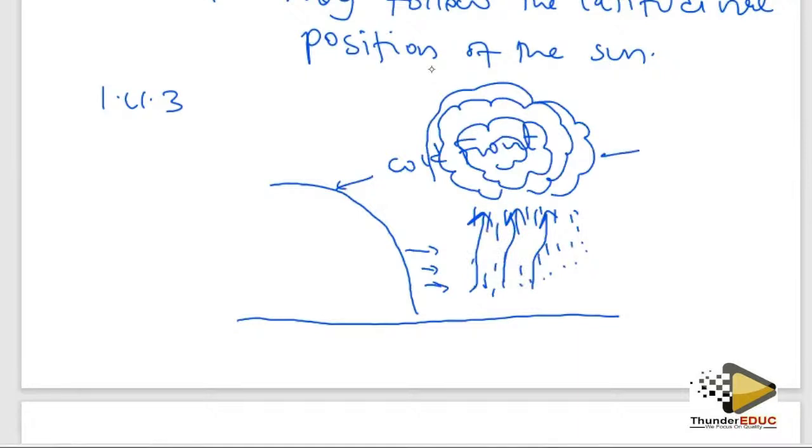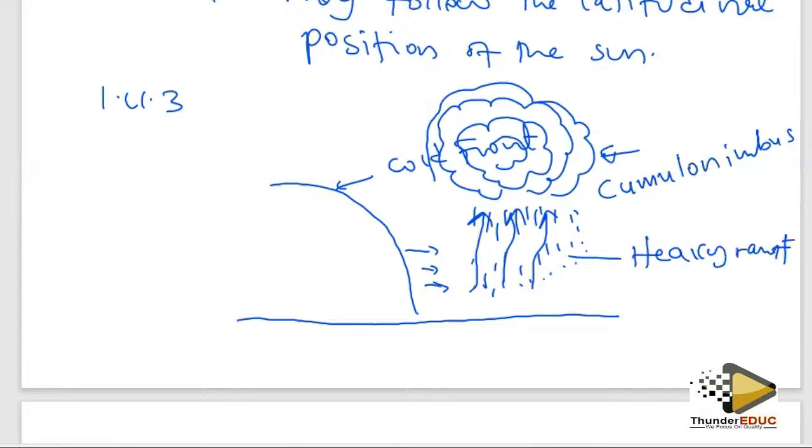So these clouds are referred to as the cumulonimbus. It's a long name. Call them cumulonimbus clouds. And so there will be heavy rainfalls. Let us just say heavy rains.